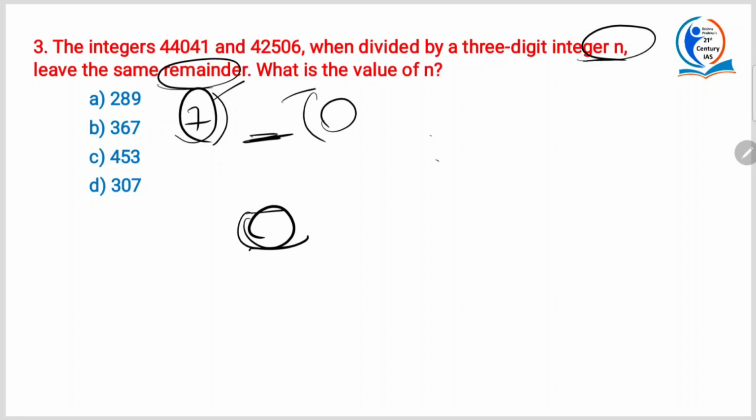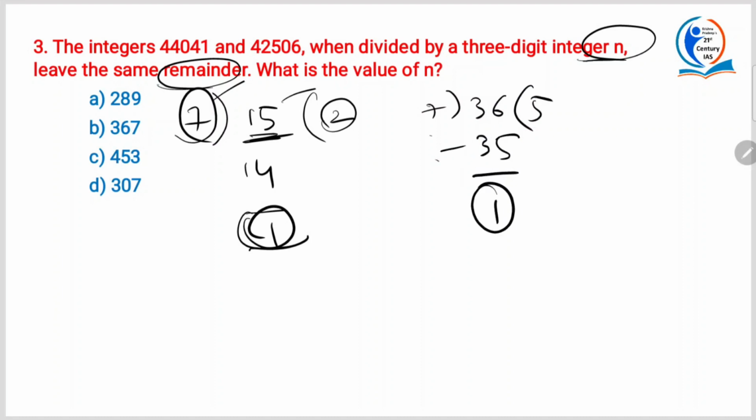Now let's take numbers 15 and 36 and let the common divisor be 7. Now 15 when divided by 7 will give you a remainder 1, and 36 when divided by 7 will give you remainder 1. Why did I choose these numbers? Because to show you something.